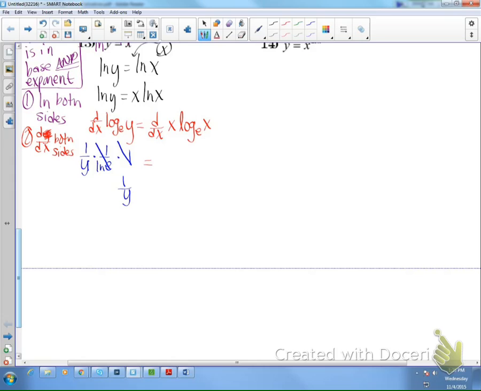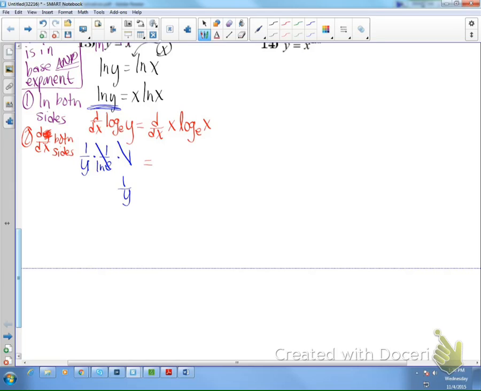The derivative of natural log y is what? 1 over y. That's something you should start memorizing. d dx of natural log y is 1 over y. And d dx natural log x would be 1 over x.